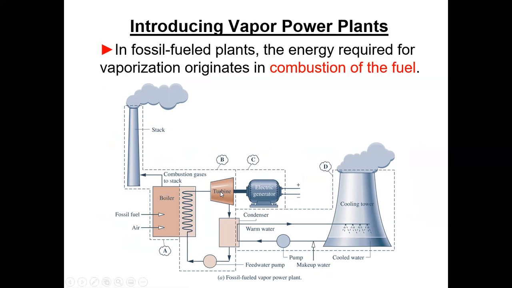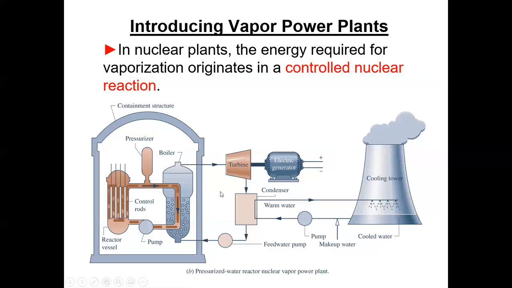Then we have a turbine, condenser, pump, generator, and some sort of heat rejection system. There you go. This reactor just takes the place of the boiler. So we have our reactor. It has its internal recirculation, and then we have our feed water pump that comes over here. And this is the boiler. This is where the heat transfer occurs, and then we get our steam. And we do the same thing.